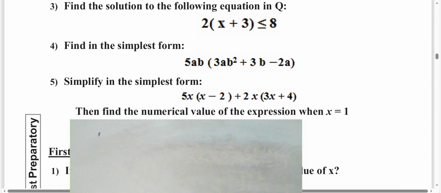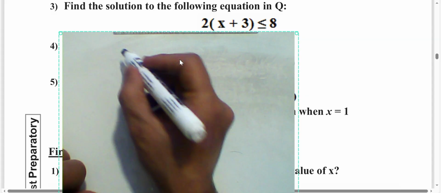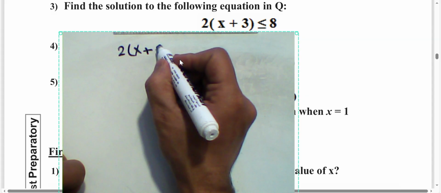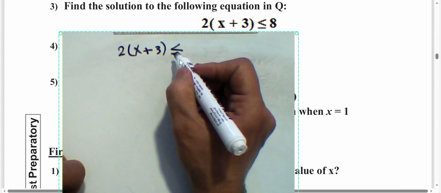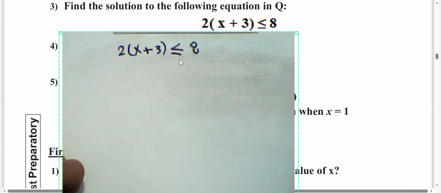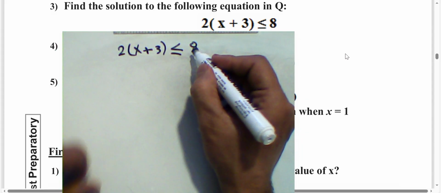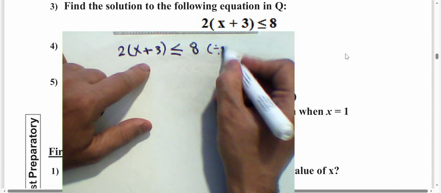Second, find the solution of the inequality in Q, the rational numbers. We have the inequality 2 product by the sum of x and 3 is less than or equal to 8. First step, we can divide by 2 to cancel the coefficient of the brackets. 8 divided by 2 equals 4.